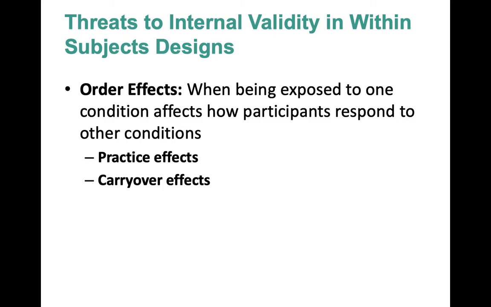Order effects are confounds for within groups designs because it might not be the level of the IV that caused changes in the DV, but rather the order in which the conditions were experienced. And so there's two specific types of order effects that I'll review, which are practice effects and carryover effects. So first one, practice effect.